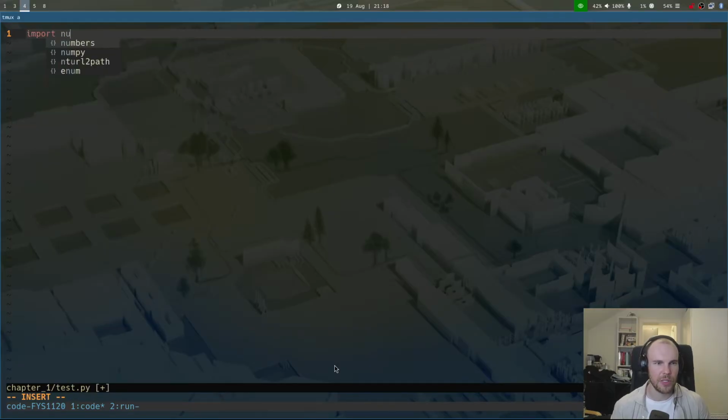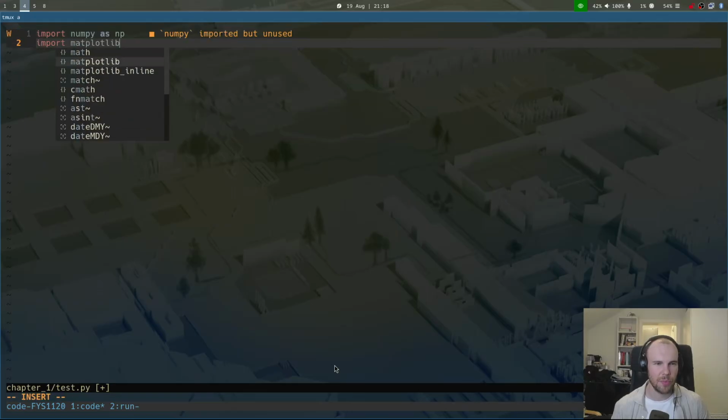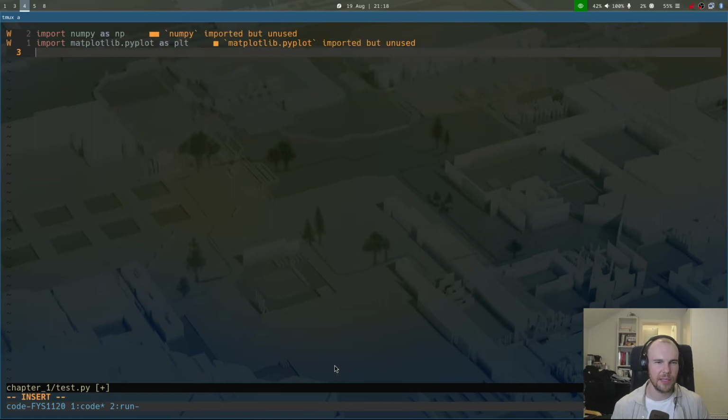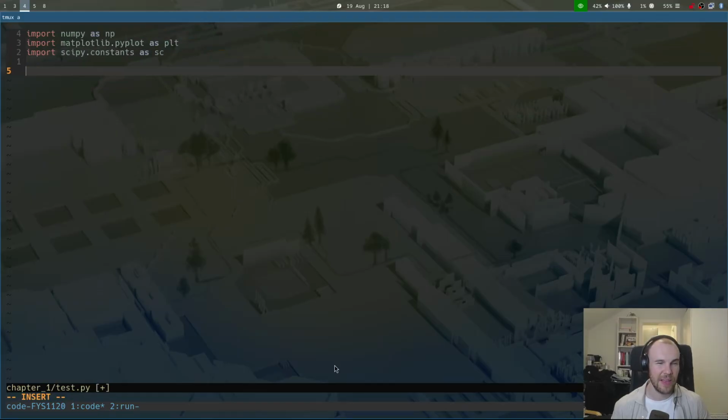I need to import numpy as np, import matplotlib.pyplot as plt, and import scipy.constants as sc.